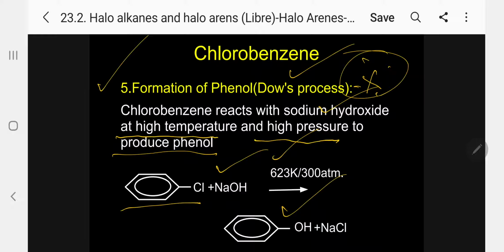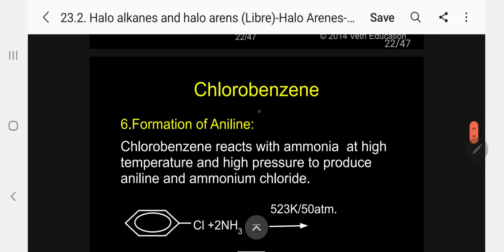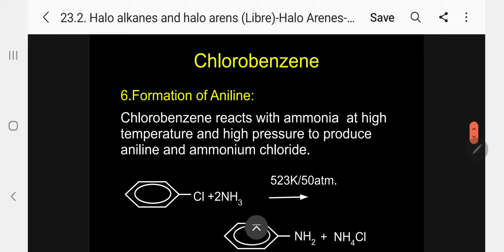Only at high temperature does this nucleophilic substitution take place. So, we are getting phenol and sodium chloride. Kindly follow. And formation of aniline from chlorobenzene.